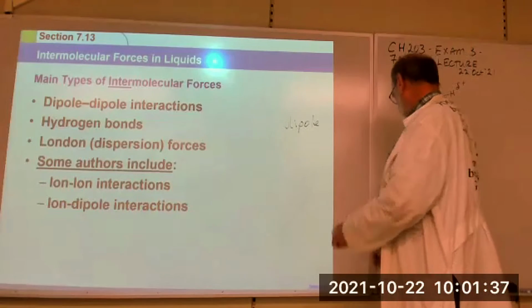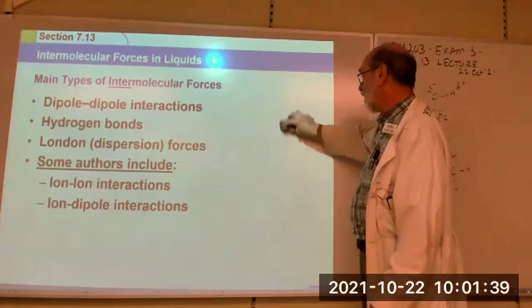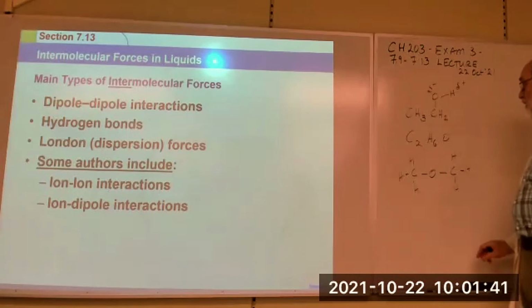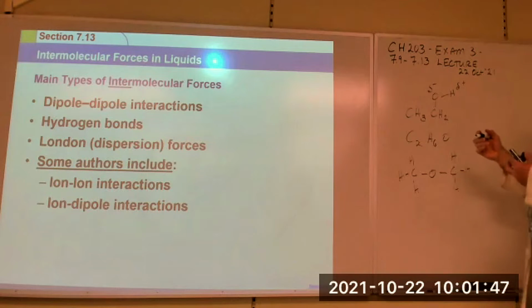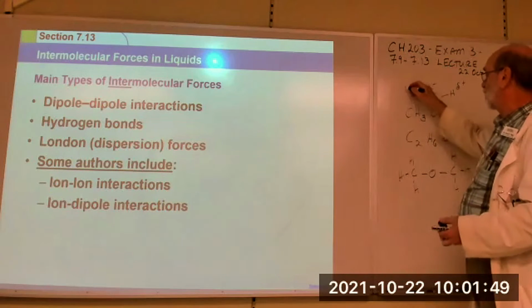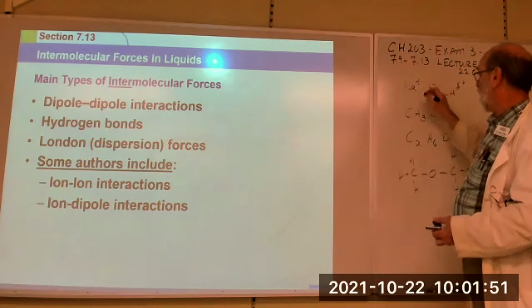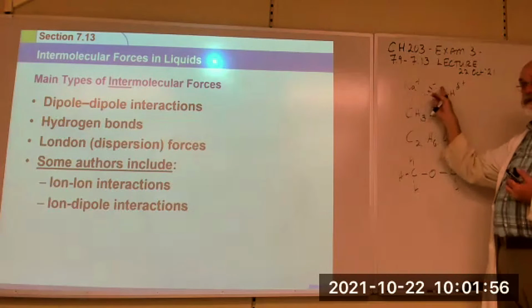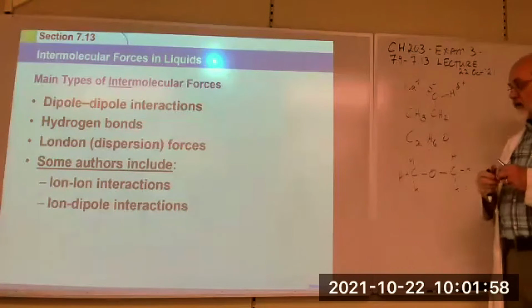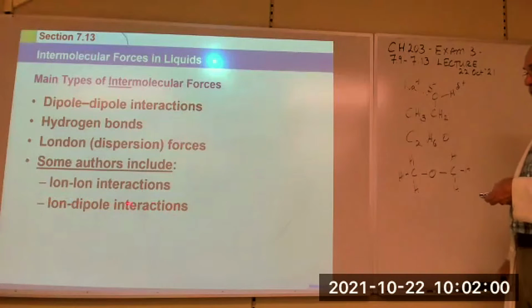Yeah, dipole-ion interactions, and they're electrostatic, right? If you've got a dipole here, and then you add some ionic compound to it, like sodium chloride, you will get a bond between that positive and this negative. So you can get those types of interactions also.